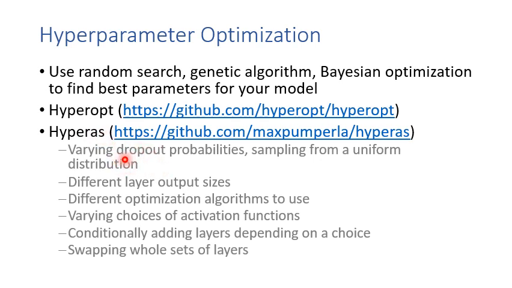It can vary the dropout probability by sampling from a uniform distribution, try different output sizes for different layers, try different optimization algorithms, vary the choice of activation functions, or conditionally add layers depending on a choice. So you can add more layers or swap some layers. By using HyperOpt, you can fine-tune your model to get even better results.